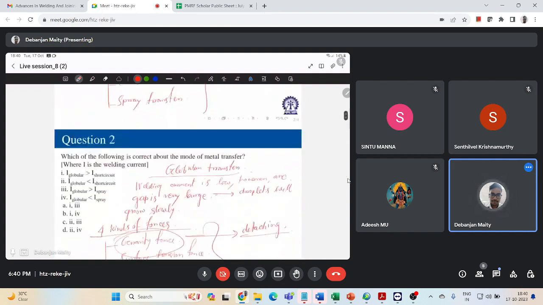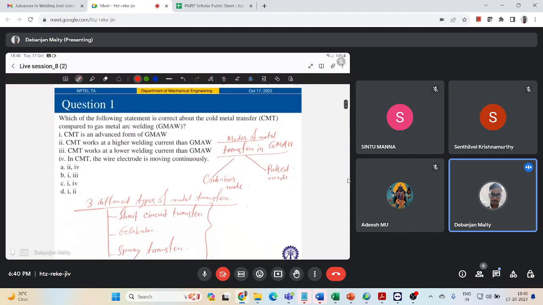Okay. So we will go through the questions one by one. We have almost talked about different kinds of metal transfer and cold metal transfer, of course, and only this additive manufacturing part remains.